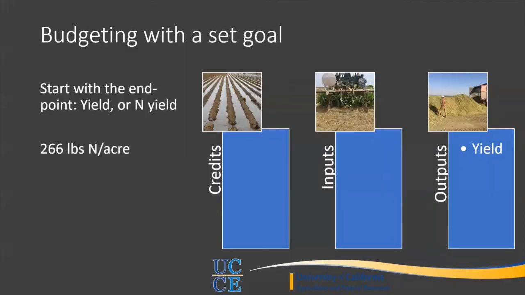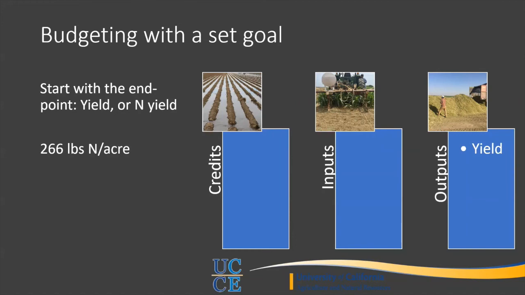So now, bringing us back to the concept of actually creating a crop nitrogen budget, you should recognize this graphic from earlier. We're going to fill it out on the right-hand side, and then detail the information about how we're doing that on the left-hand side of the slide here.